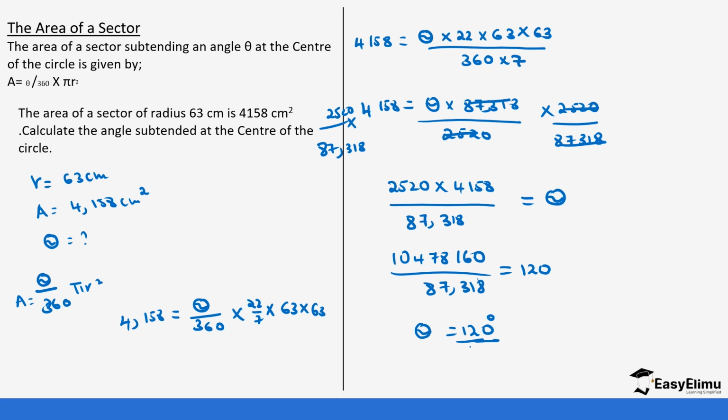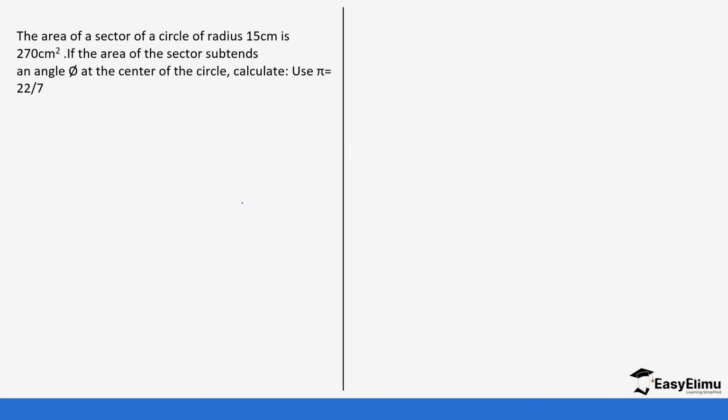So let's do a few more practice questions now that you have seen how we apply the formula to get the angle. The area of a sector of a circle of radius 15 centimeters is 270 centimeters squared.